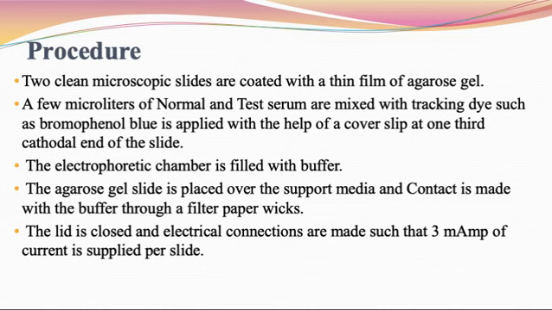The electrophoretic chamber is filled with buffer. The agarose gel slide is placed over the support media and connected with buffer through filter paper wicks. The lid is closed and electrical connections are made such that 3 milliamperes of current is supplied per slide.